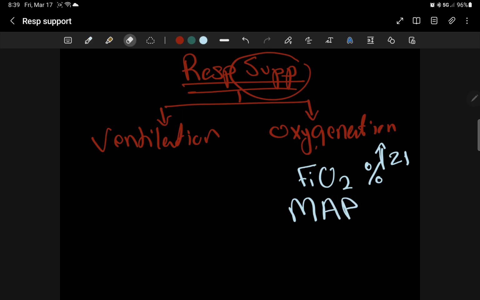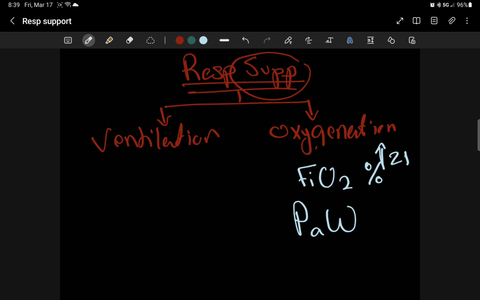And I like to write it not like this, because I've seen it written a lot. I like to write it mean airway pressure. Mean airway pressure basically has an equation, which we will discuss. This is just throwing a structure in your brain, and once we explain the graphs further, it will make more sense.